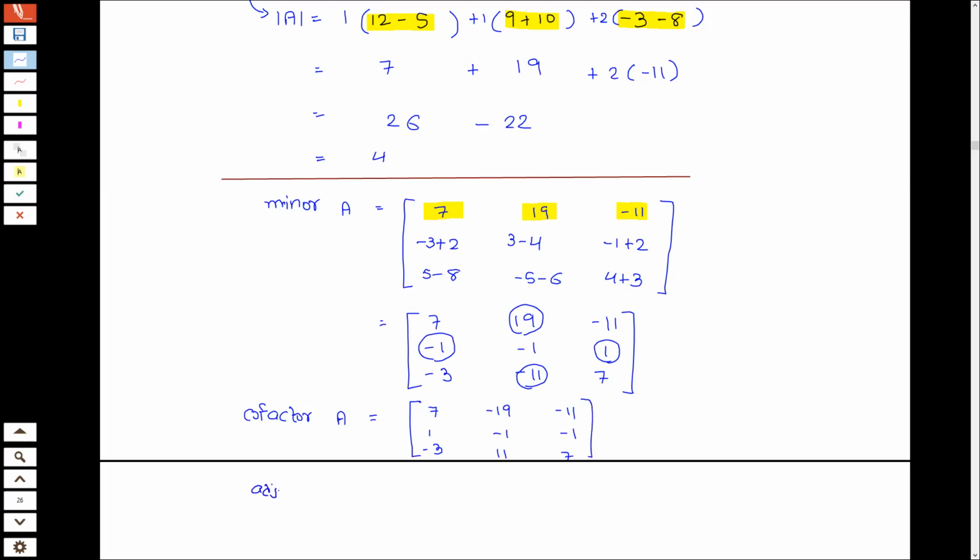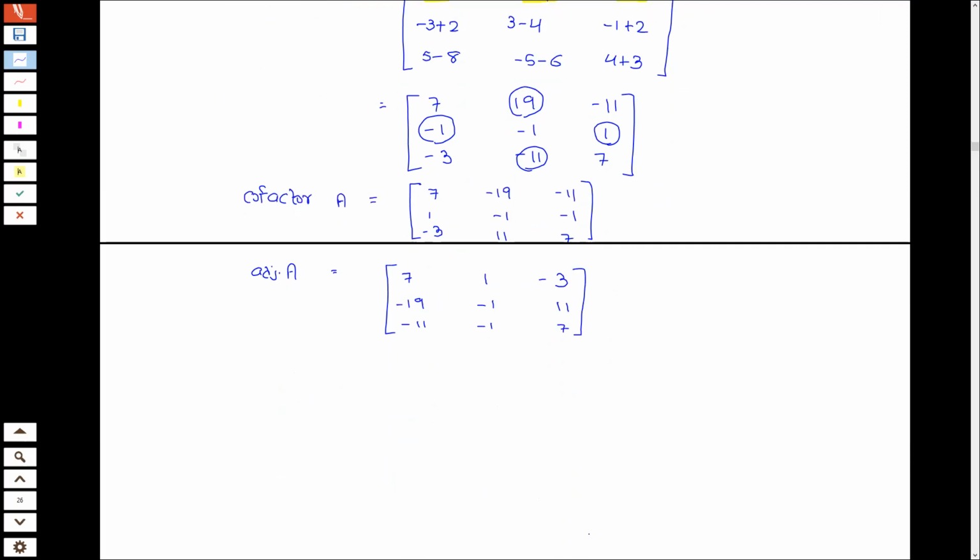Then the next step is to find the adjoint matrix of A by interchanging rows and columns. So 7, 1, minus 3, minus 19, minus 1 and 11, then minus 11, minus 1 and 7. So I got the adjoint. And then I can find the inverse matrix.